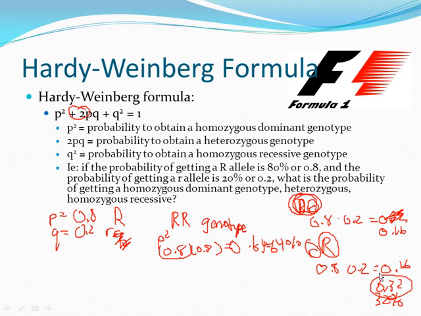I'm just clarifying, do you understand the concepts behind this, instead of just plugging in the equations? Okay, what does that mean, though? Okay, and finally, what's the recessive genotype?